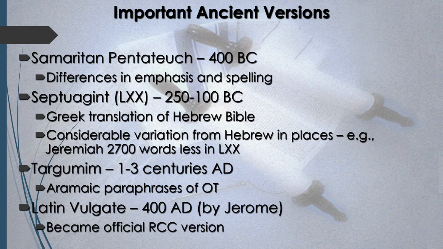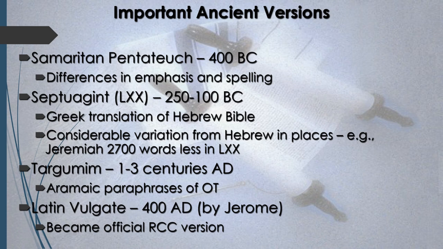In places, the Targums are somewhat of a literal translation of the Hebrew. In other places, they are just kind of commentary. So they are available as a witness to the text, and they can maybe help us understand what the text is supposed to be in some places. But they have their drawbacks as well.